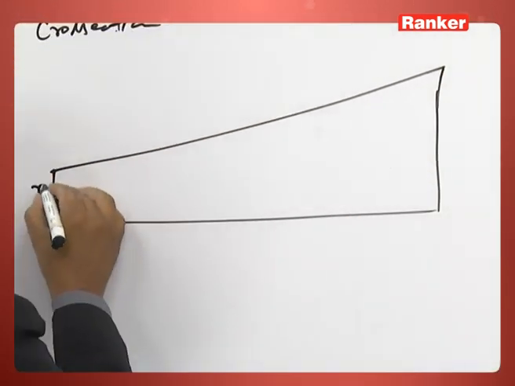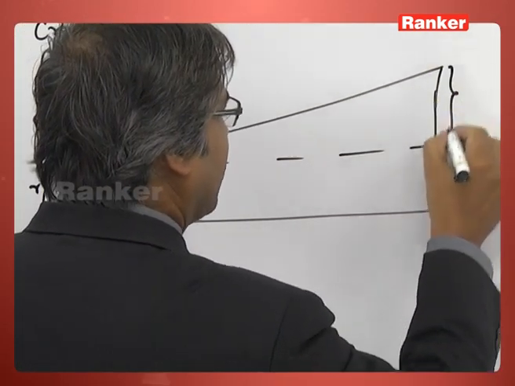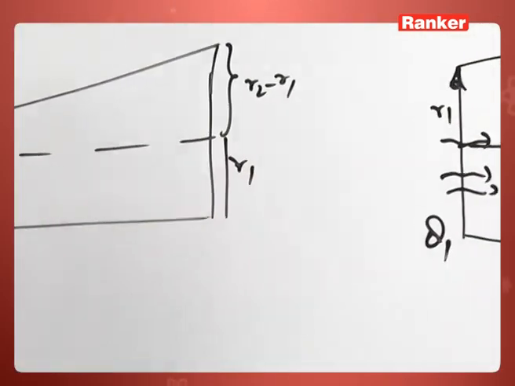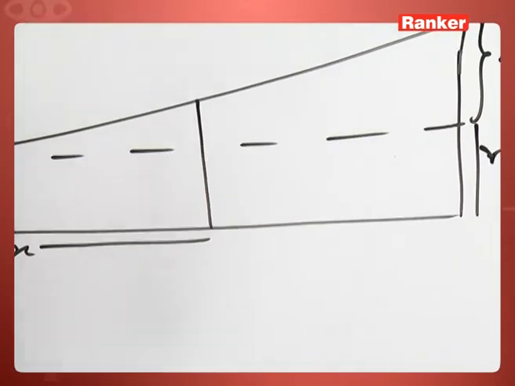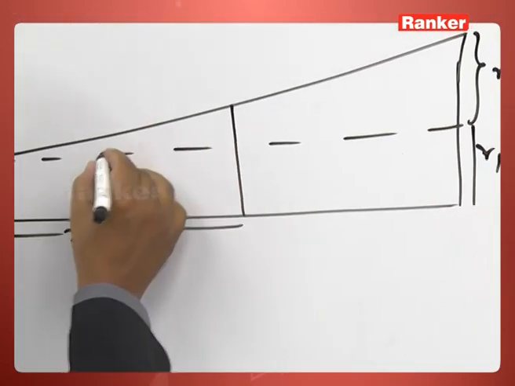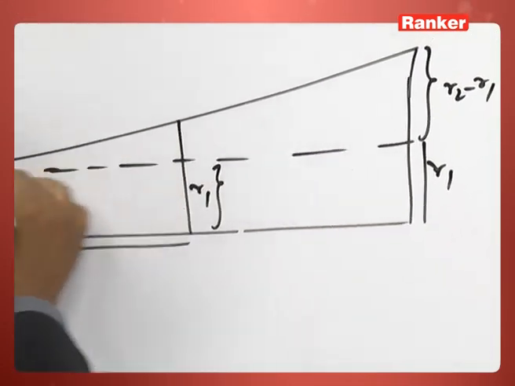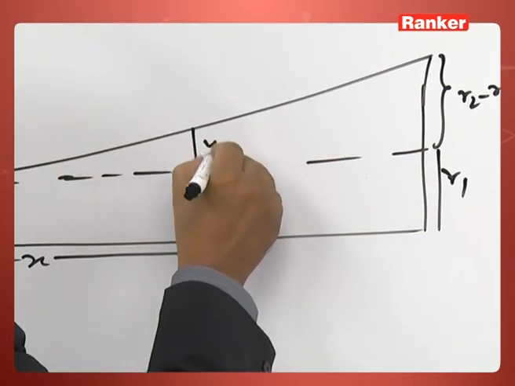So, this is R1 and this is R2, so I can write this as R2 minus R1. At a distance x, this will be R1 here to here, and you see this triangle. Suppose this is y.